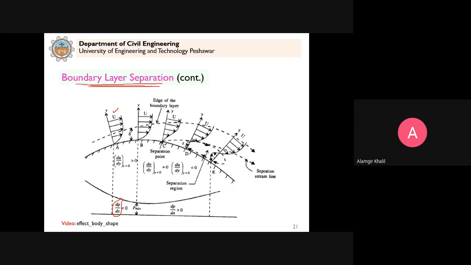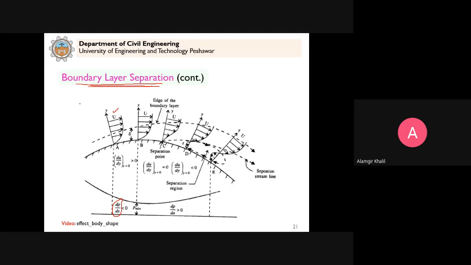Okay, now in this case, the pressure gradient is less than 0, which means dp by dx is less than 0, the change in pressure in the x direction is less than 0. What does it mean? This flow is occurring from high pressure to low pressure, clear?